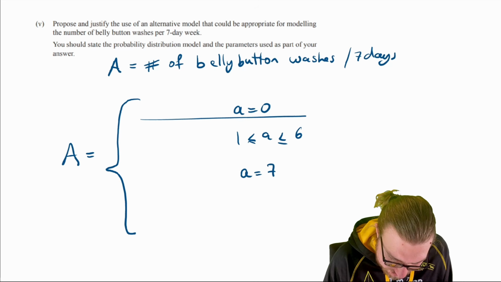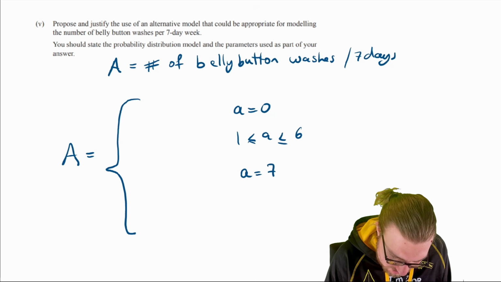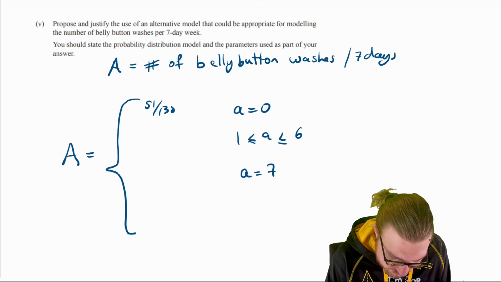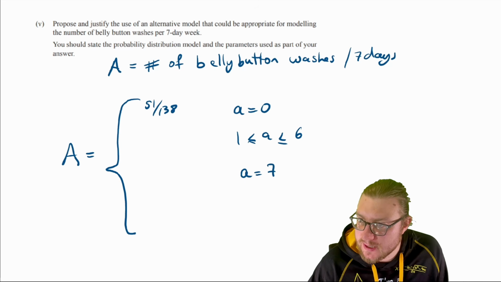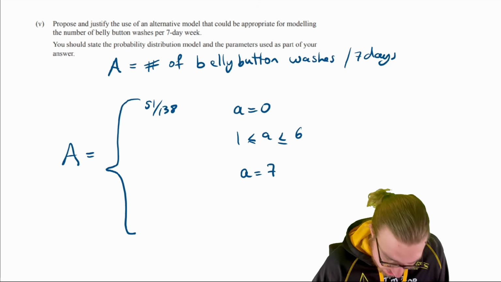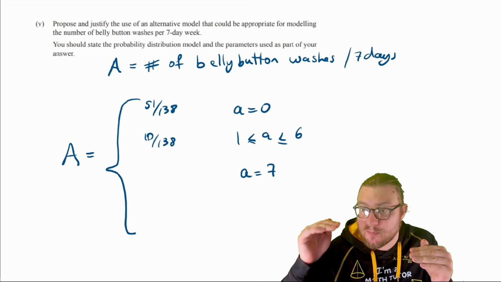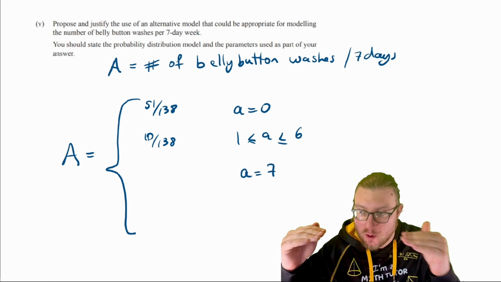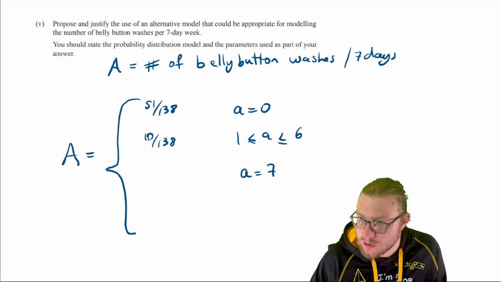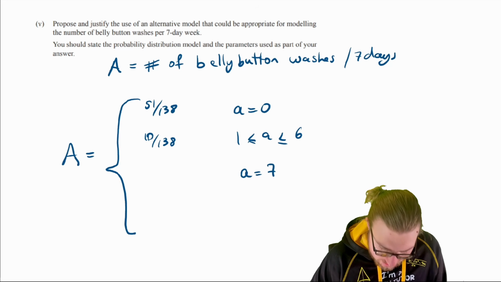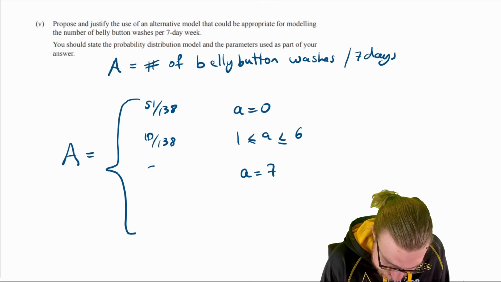So if we have A is equal to 0, that would be 51 over 138. That is a hard-coded probability that we have for this. For 1 to 6, we're going to have 10 over 138 because each of those is about 10. And we're just assuming that they're all constant the same for all of those different values for A. And for number 7, we had, I think it was 32 over 138.